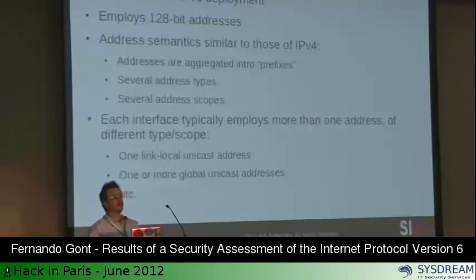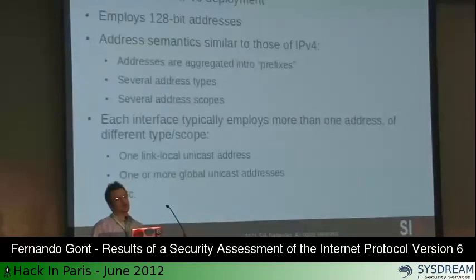And finally, you have different address scopes, which is, again, the same thing or very similar to IPv4. In IPv4, you may find, for example, private addresses, which are supposed to be valid only on a local network if you want. You have link-local addresses, you have global addresses, and you have the same sort of thing in IPv6.